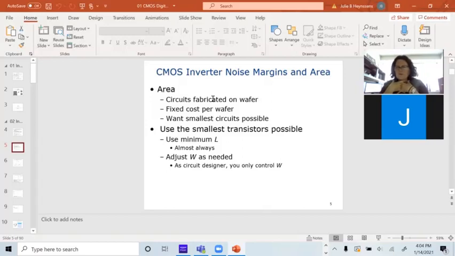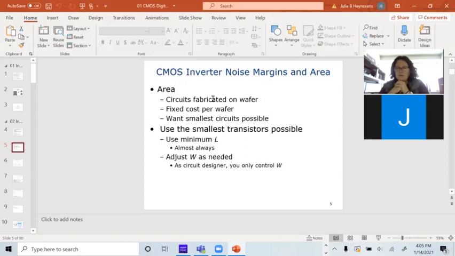The manufacturer who makes those things is going to charge me a fixed cost per wafer no matter how big the die are. But if I can make the die smaller, I can cut them into smaller pieces and I can charge more customers. So I can get more money off of them. So I want the smallest circuits I can possibly design.